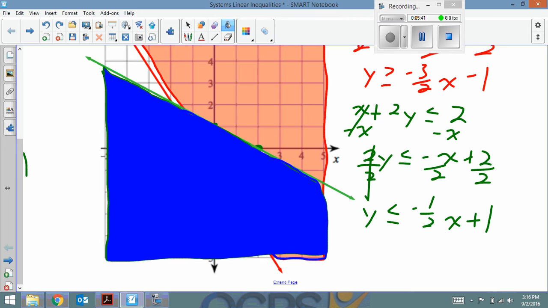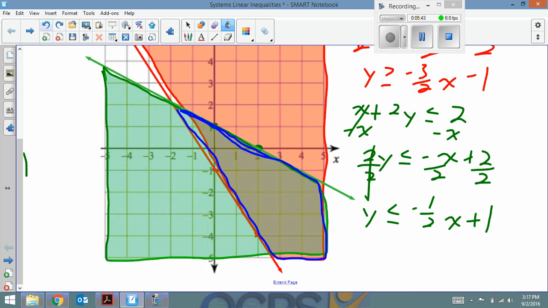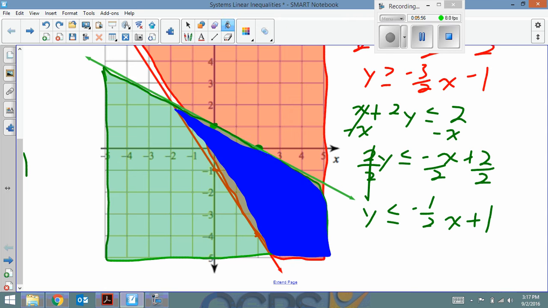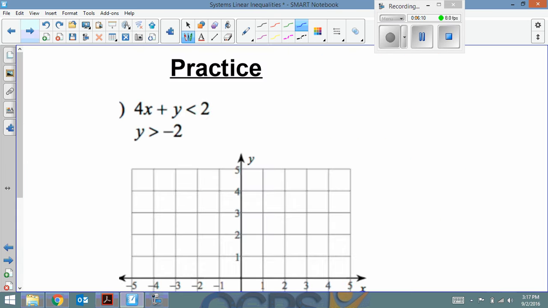Anything in that blue region here is a solution. So if a point falls in that area, that means it's a solution. Okay, so let's go ahead and try another one.